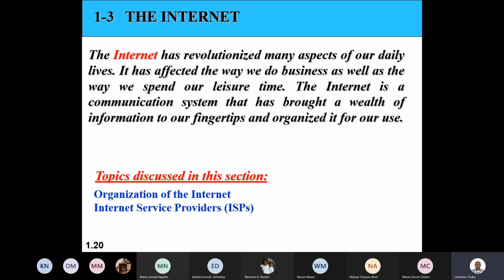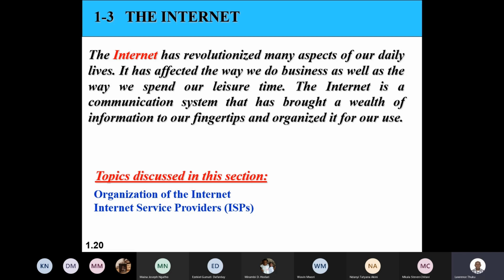So the internet provides different things across the globe. That is what we mean by the internet, and how the internet works is based on those two.